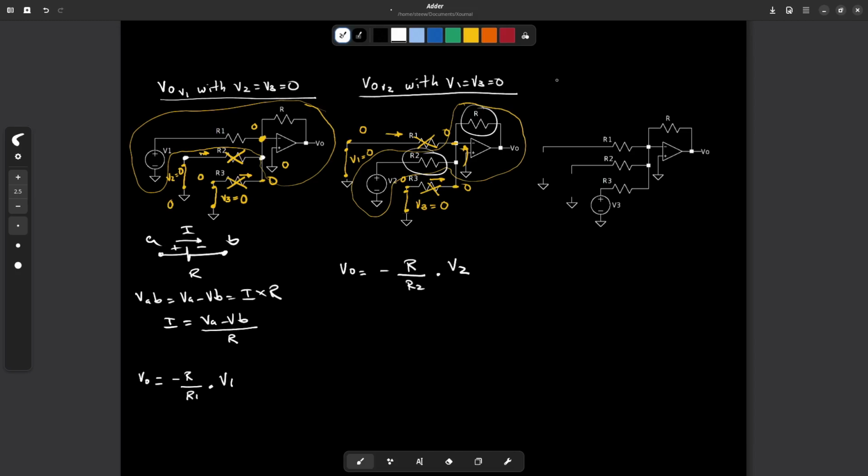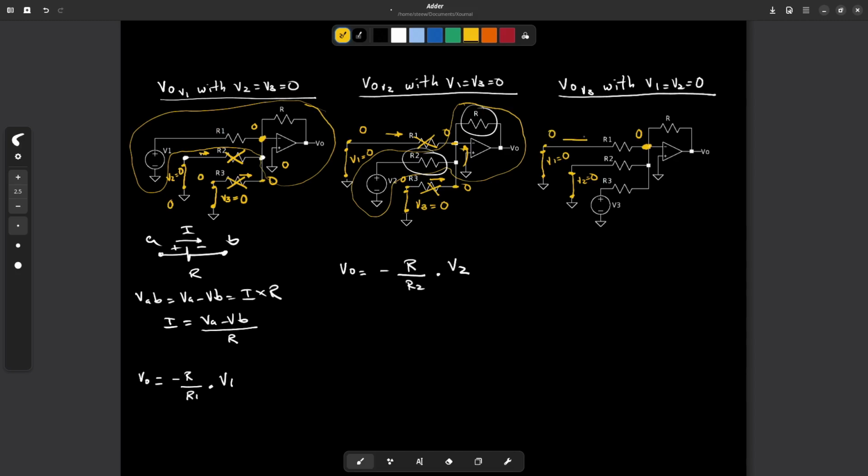And the same for the third voltage source, V3. I'm going to calculate V0 due to V3 with V1 and V2 nullified. So we nullified V1. So we replace V1 by a short circuit. We nullify V2. We substitute V2 by a short circuit. This node, due to virtual short, is at a voltage of 0 volt, the same as this.